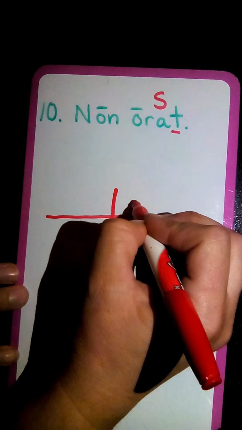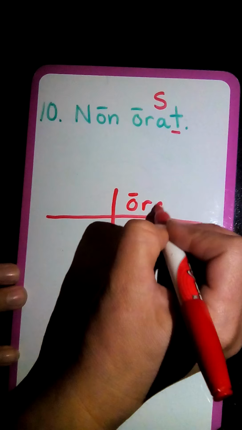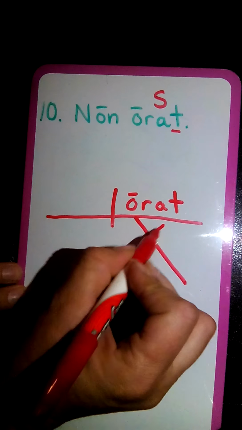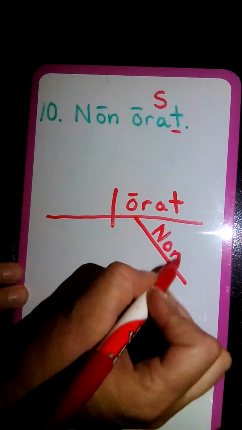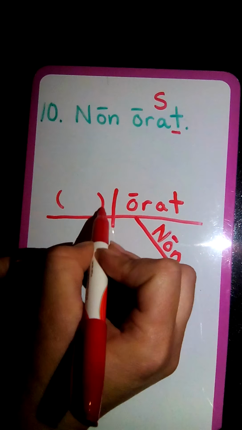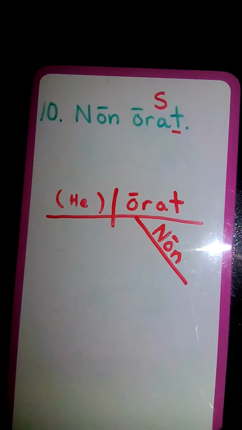So we're going to put over here our verb, orat. I'm going to use non the way I'm used to. Non. And over here is our implied he. So he does not pray.